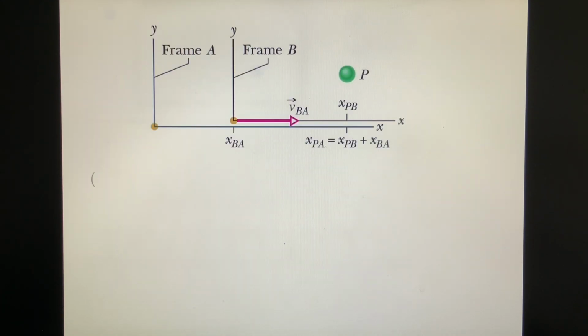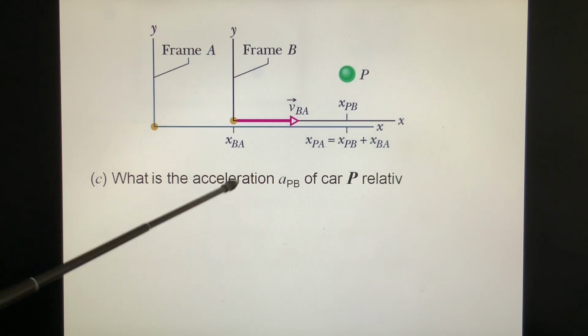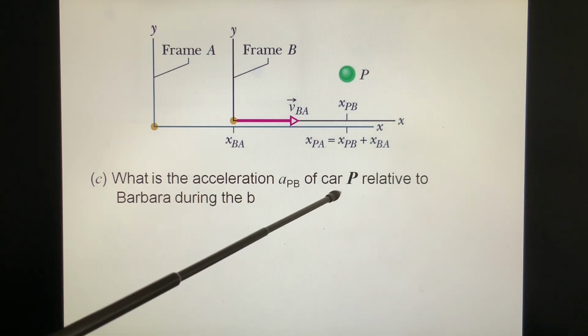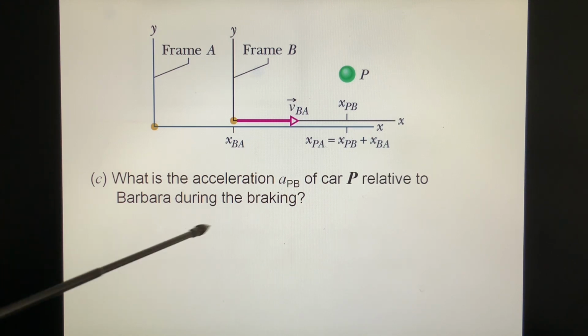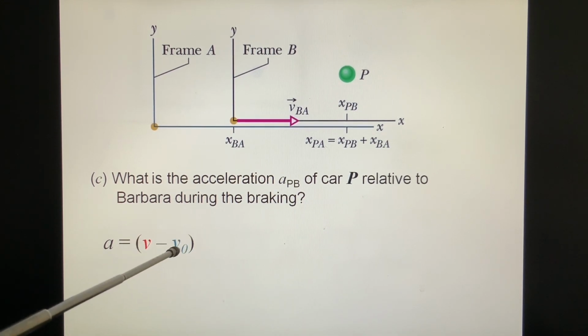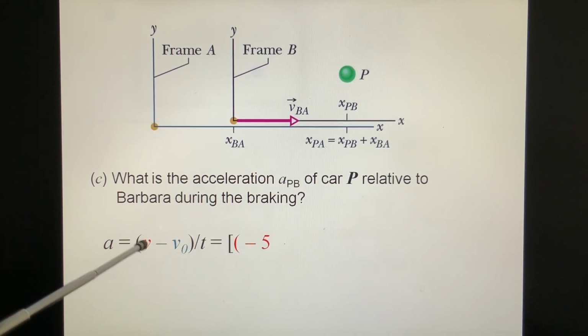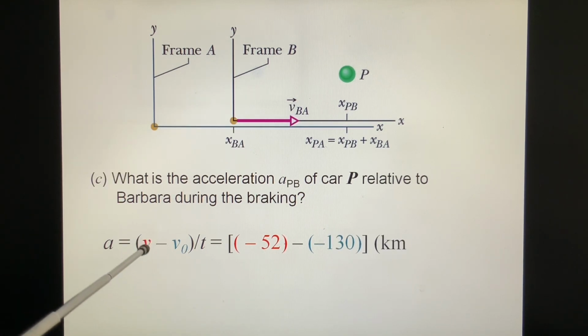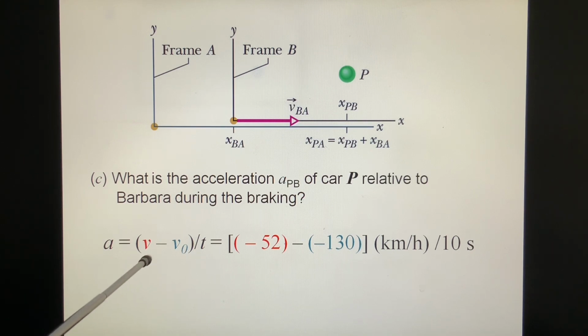Now, question C. What is the acceleration APB of car P relative to Barbara during the braking? Now, we use the same reasoning: (v minus v0) over t. V, if you look at it in frame A, is 0, stop, but from B it is not 0, because Barbara herself has a relative speed with Alex.